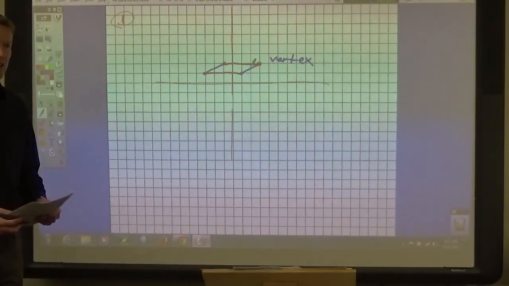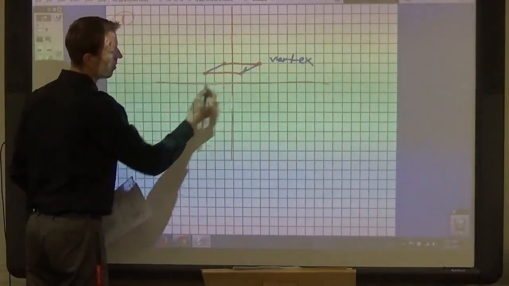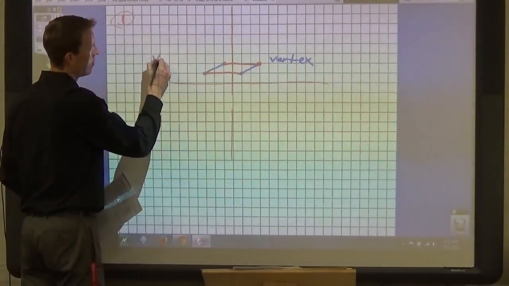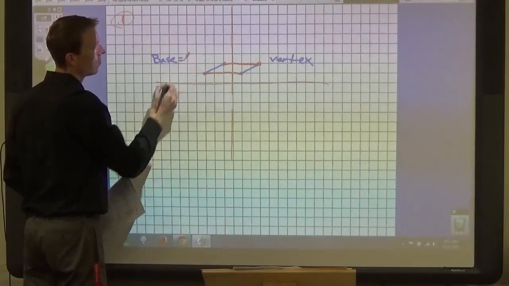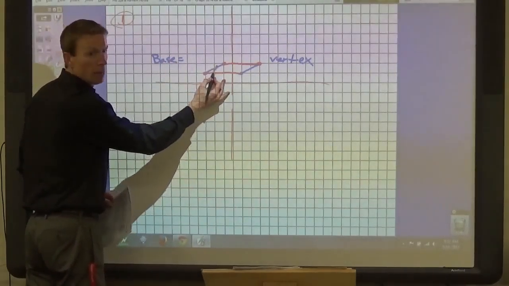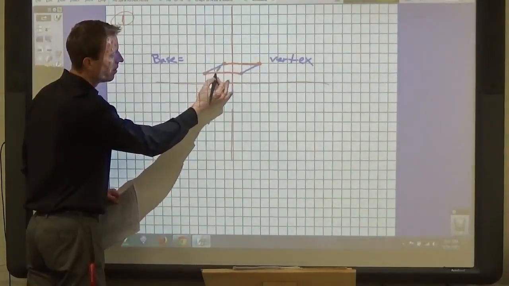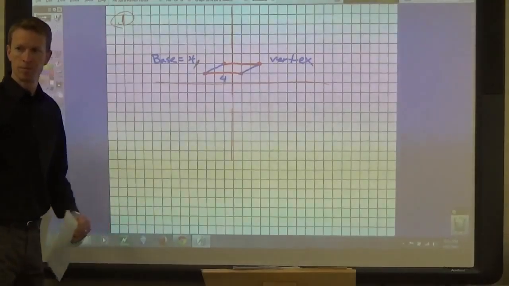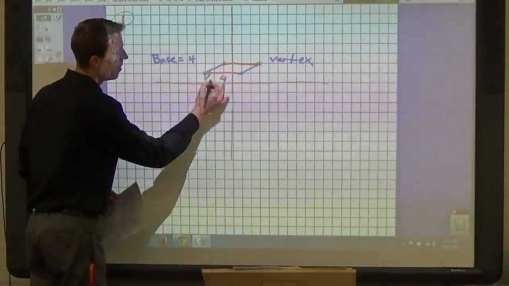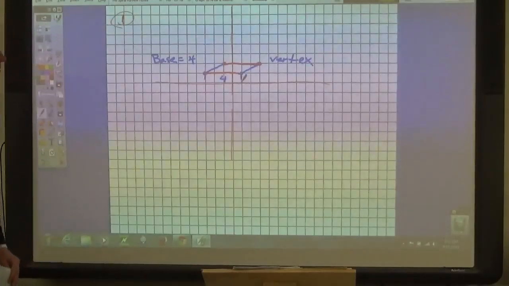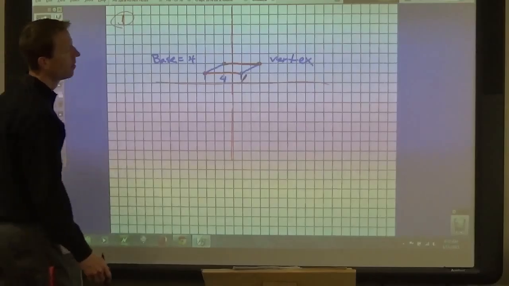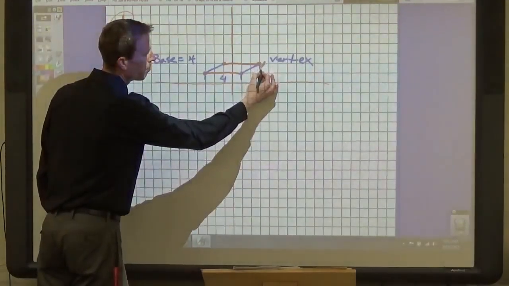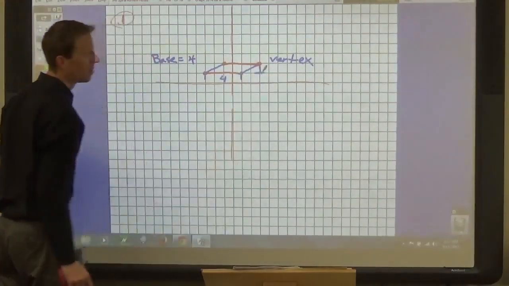Then it says find the area. So what is the base of this figure? We count the number of spaces. 1, 2, 3, 4 spaces, right? From here to here is 4 spaces. Right? And what is the height? The height is perpendicular to the base.